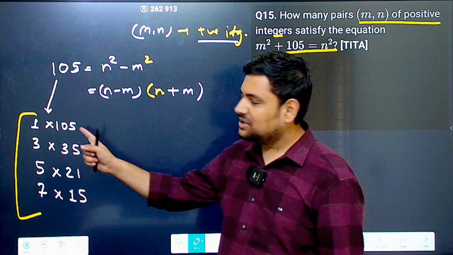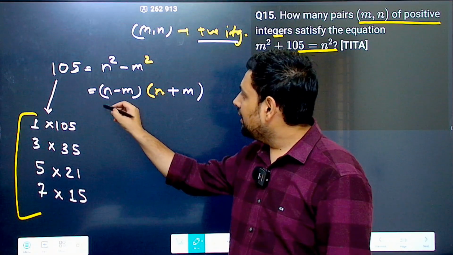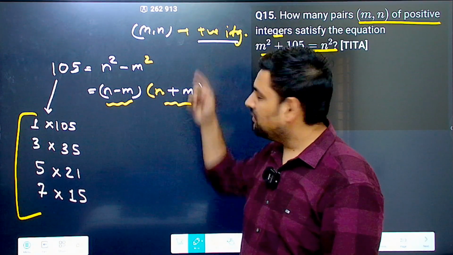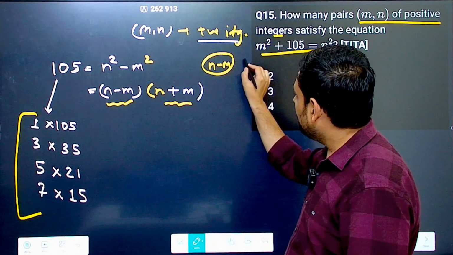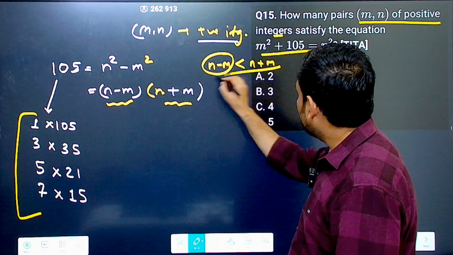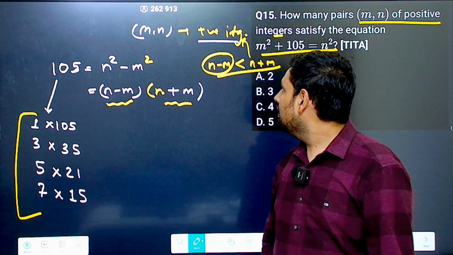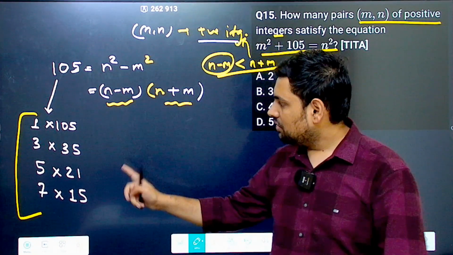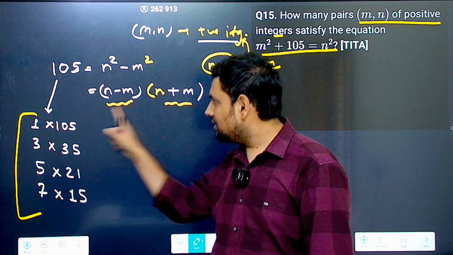Now why I am saying that it has to exist like this only, not in the reverse order. Why? Because n minus m and n plus m, if both are positive, that means n minus m, whatever is the difference, will be less than n plus m. Why? Because both are positive integers. This is like 5 minus 3 will always be less than 5 plus 3. So here I must have a bigger number, and that is why I must write them like this only.